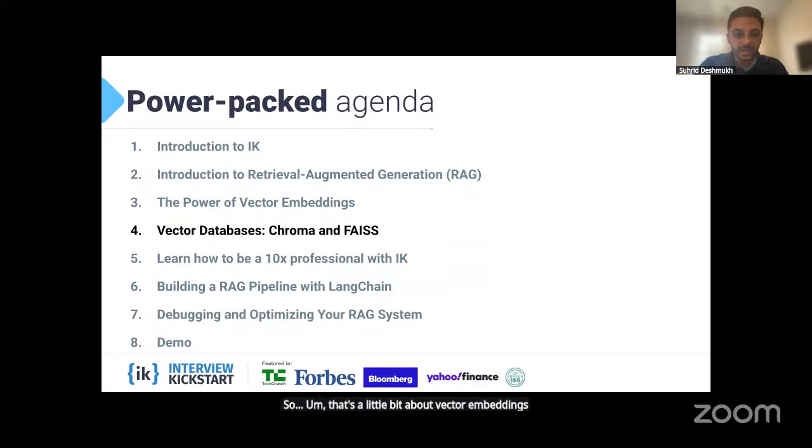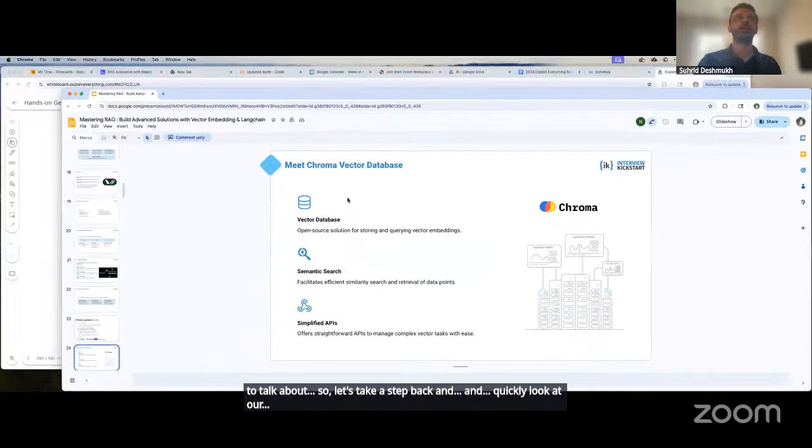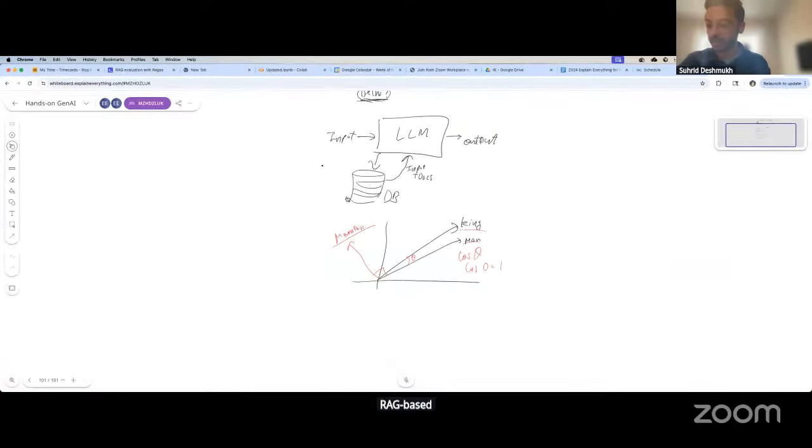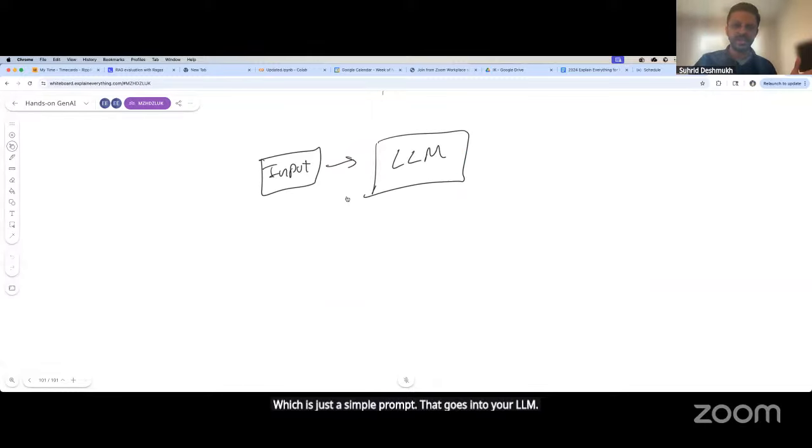The next thing that I want to talk about, so let's take a step back and quickly look at our RAG-based pipeline at a very high level. One thing that we have is our input, which is just a simple prompt that goes into your LLM, which can be any LLM. It can be a closed source model like Claude 4.0, GPT 4.0, and so on, or it could be an open source LLM like Llama that you have on your local machine.